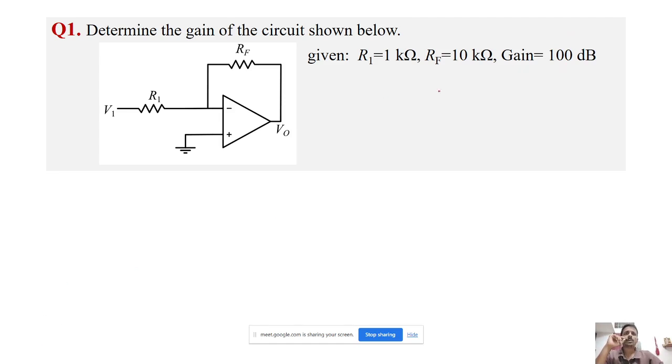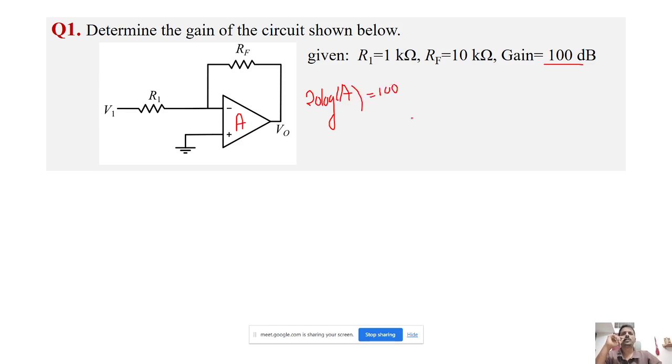So we'll see how the gain of such a non-ideal amplifier is calculated. You would have gone through the video, so we will follow the same steps here. Since it's a non-ideal op amp with a gain of 100 dB, if the gain of the amplifier is A, then 20 log A is equal to 100 dB.